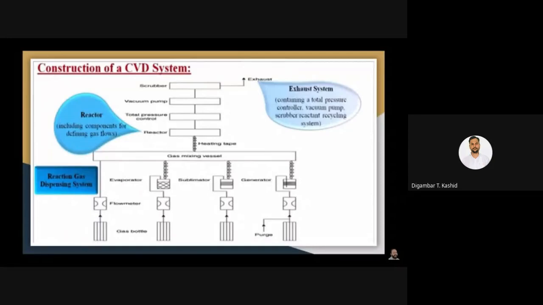After the reaction takes place, the products pass through these channels or dispensing systems, because we have flow meters, gas bottles, a sublimator, a generator and an evaporator. When mixing takes place, if there is any humidity, it can be removed, and if there is any impurity, it can be subtracted.